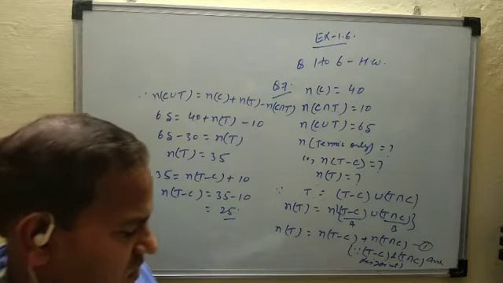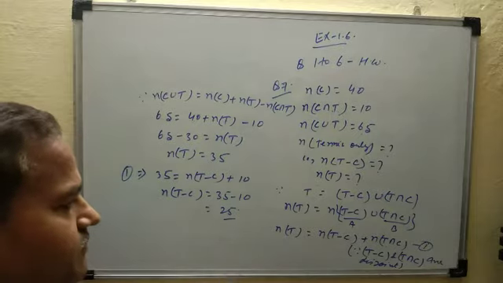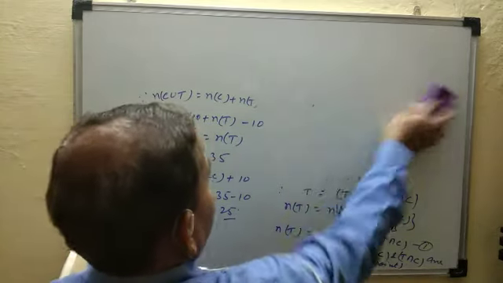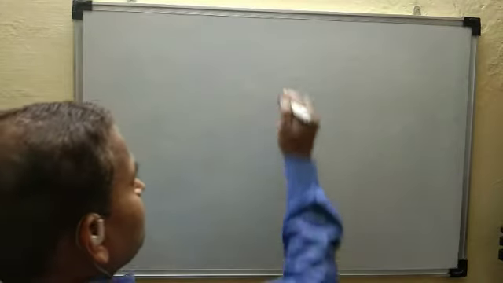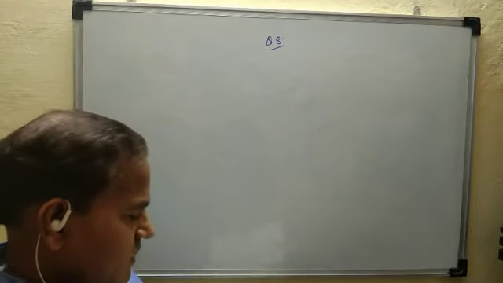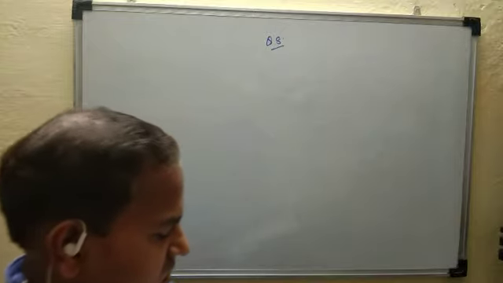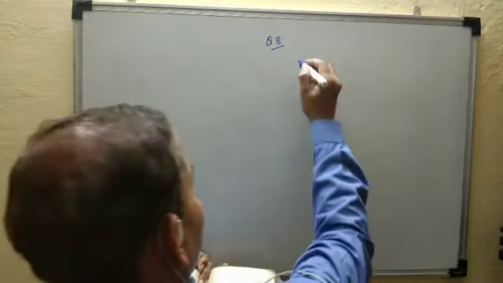And question number 8 is: in a committee, 50 people speak French. So F is the set of people who speak French.